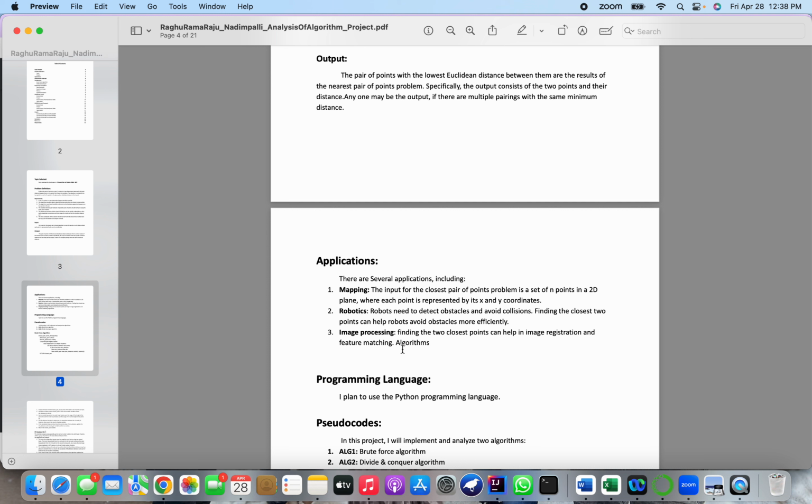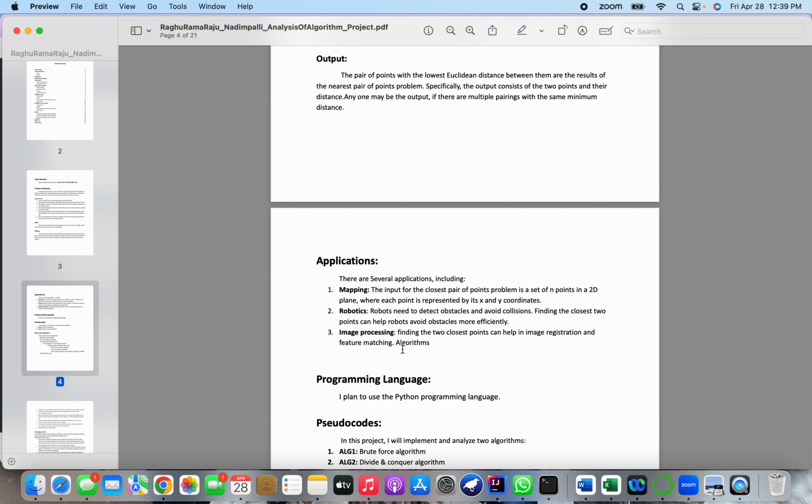In mapping, it has important applications in geographic information systems (GIS) and spatial data analysis. For example, in GIS, the closest pair problem can be used to find the nearest facilities, such as hospitals, schools, or fire stations to a given location. This can help in decision making for urban planning, emergency management, and logistics optimization.